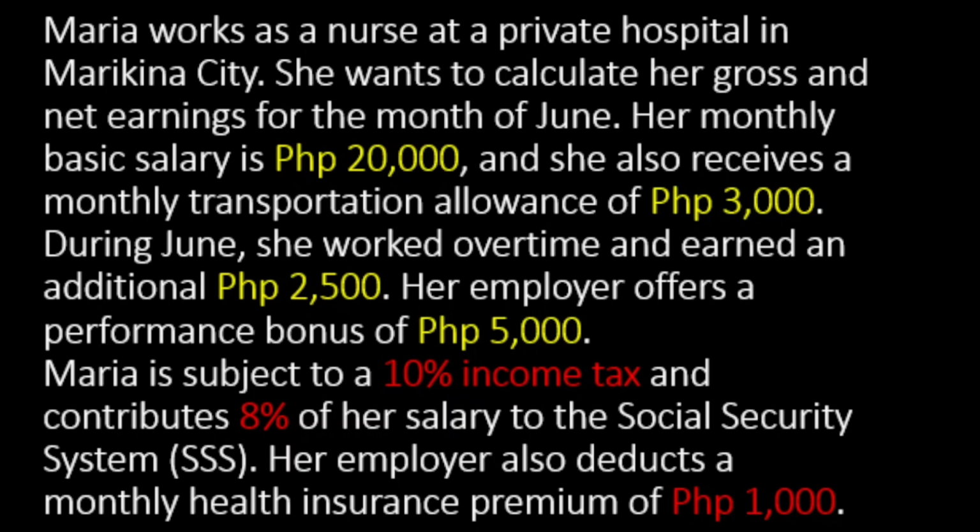Maria is subject to a 10% income tax and contributes 8% of her salary to the Social Security system. Her employer also deducts a monthly health insurance premium of 1,000 pesos.